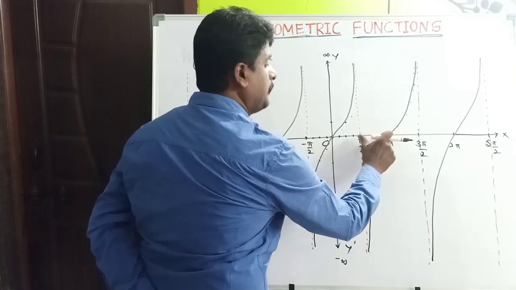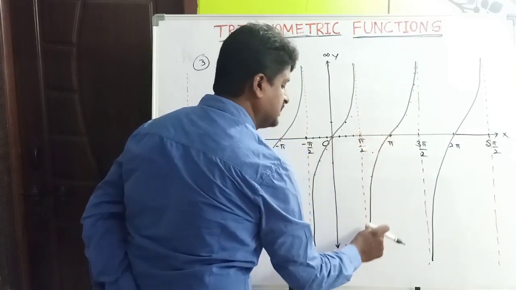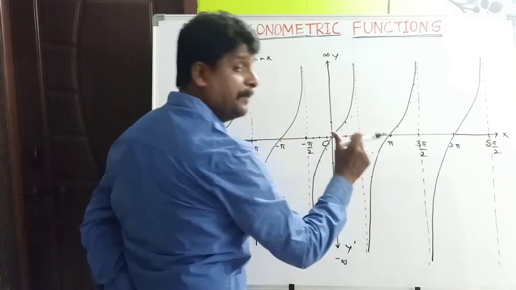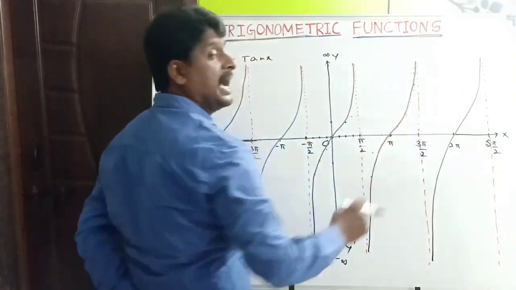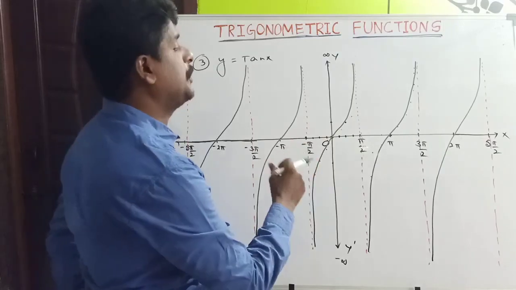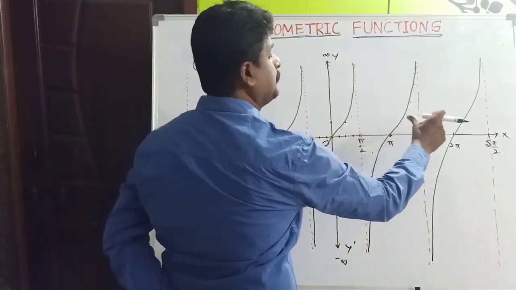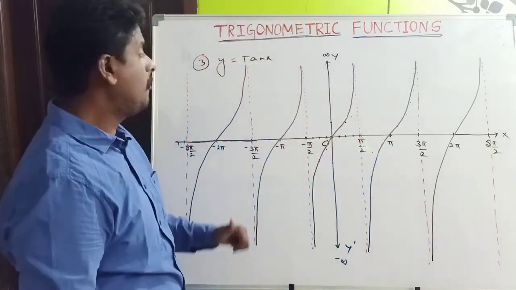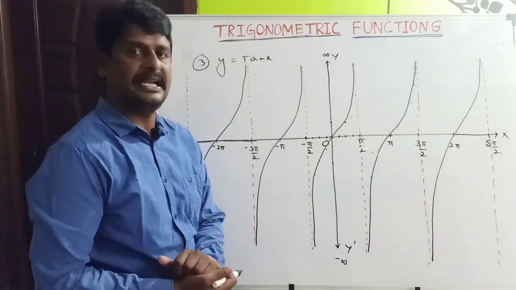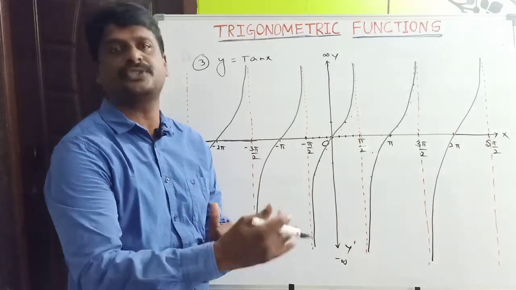Means in the second quadrant, the graph is negative because it lies below the x-axis. Pi to 3 pi by 2, again it is above the x-axis, it is positive. In the third quadrant it is positive. This is the fourth quadrant, it is negative. Of course, already we know about the sign of tan x in different quadrants.